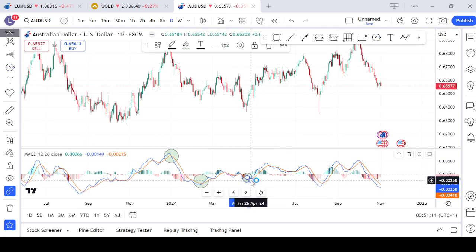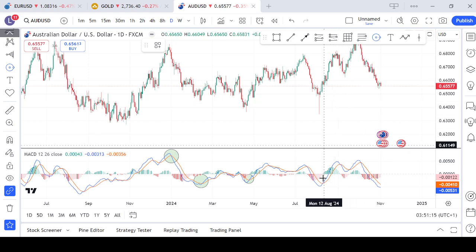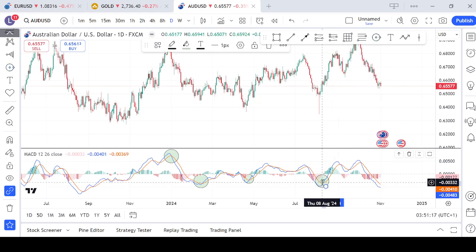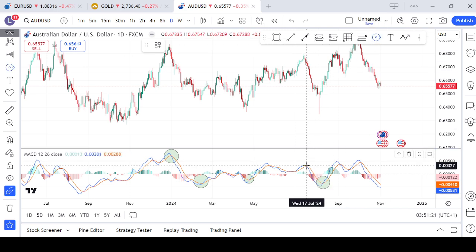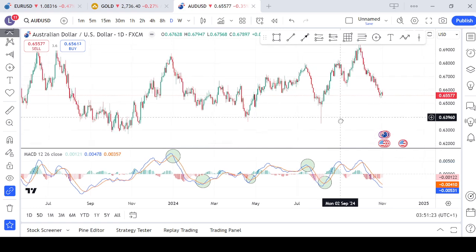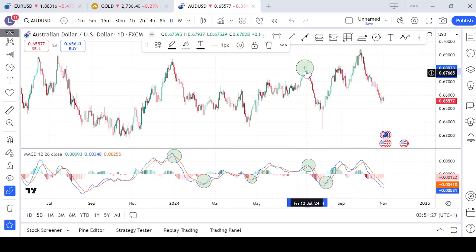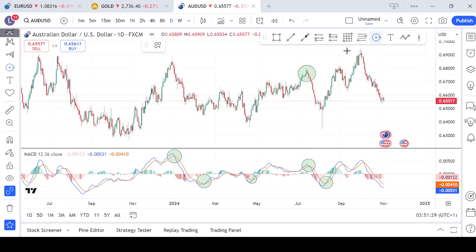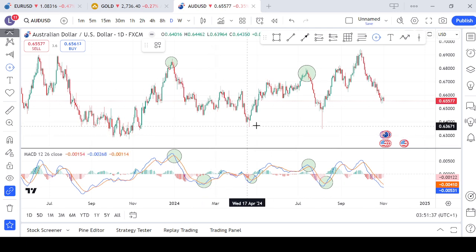See this one here also, you can see this one here, and this one right here too. And you can see how price is reacting when we have these crossovers signaling trading signals. See how price quickly reacts to these levels.